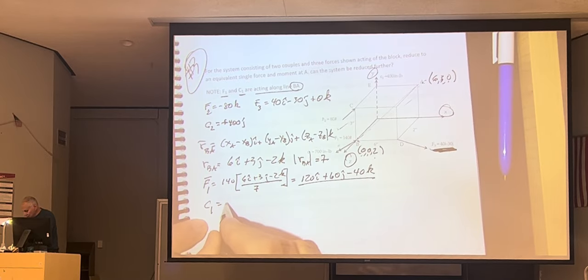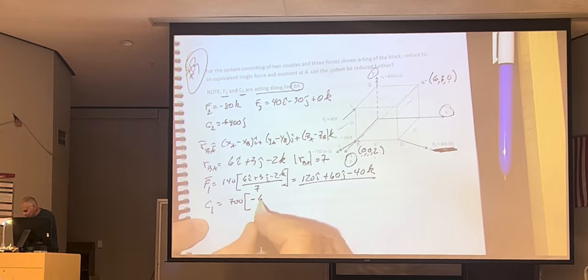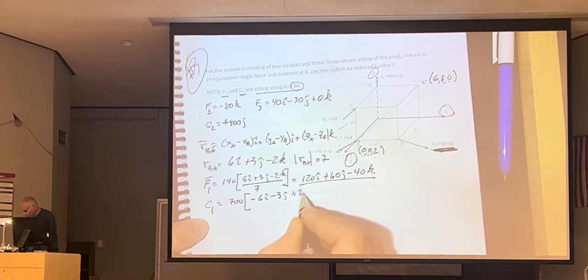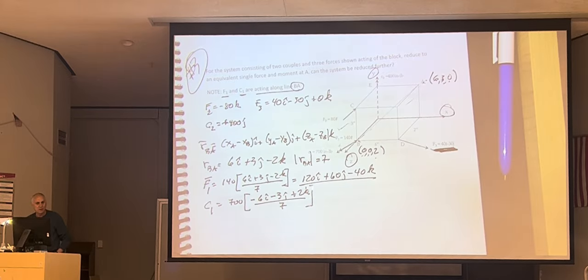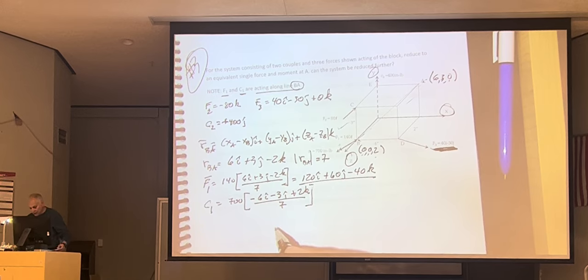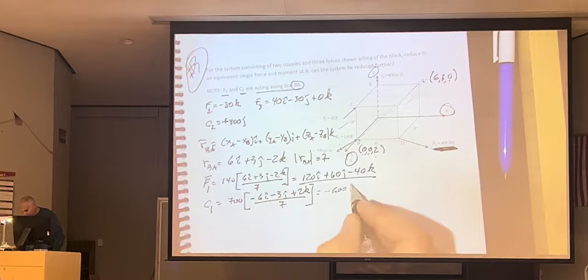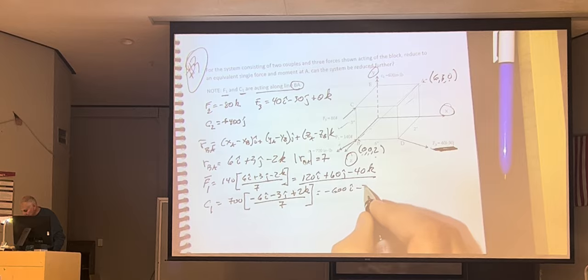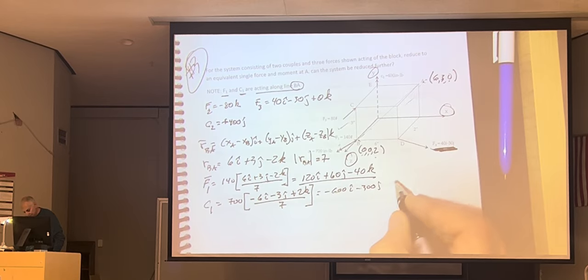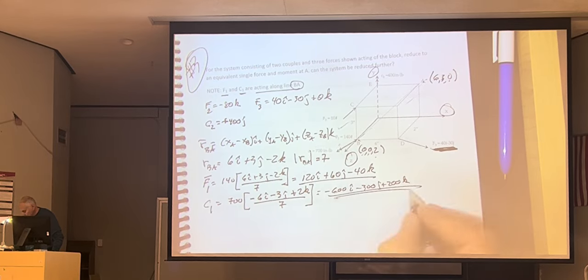So really, this is going to be 700 times a negative 6i, a negative 3j, a positive 2k, and it's still going to be divided by 7. Which is really going to give me minus 600i minus 300j plus 200k. Bingo.